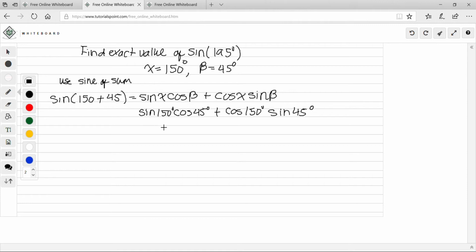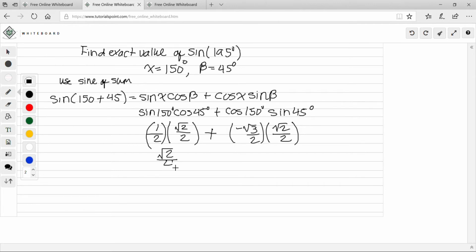So sine of 150 is positive 1/2. Cosine of 45 is root 2 over 2. Plus cosine of 150 is negative root 3 over 2, times sine of 45, which is root 2 over 2. When simplified, that gives you root 2 over 4 minus root 6 over 4.